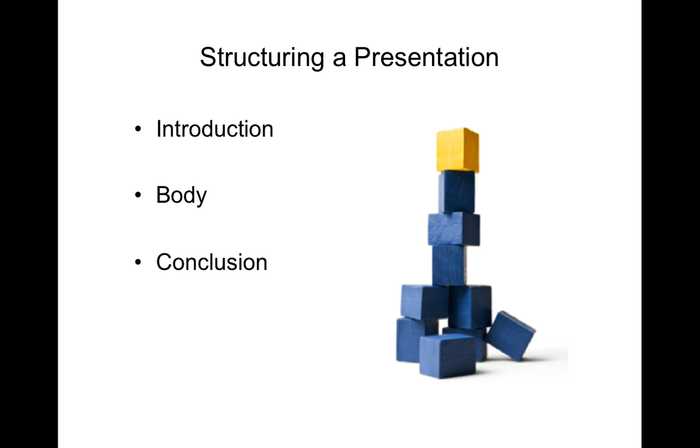You then need to clearly outline the main points and usually support this with some visual outline. So an outline, a PowerPoint slide that outlines the presentation if you're using PowerPoint, or you might outline the aims of the presentation.